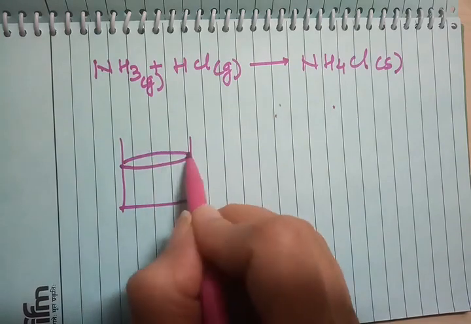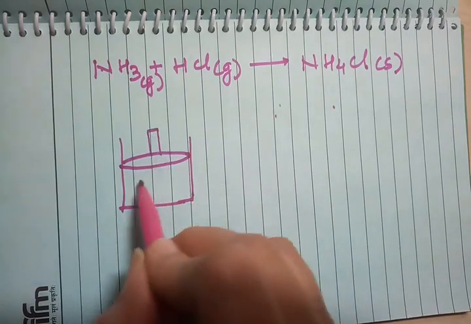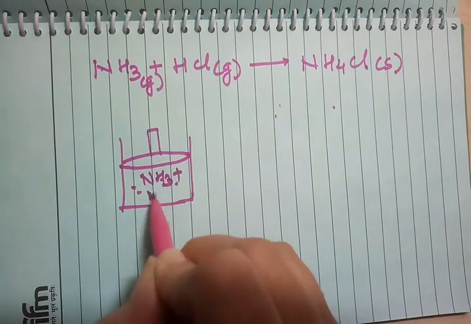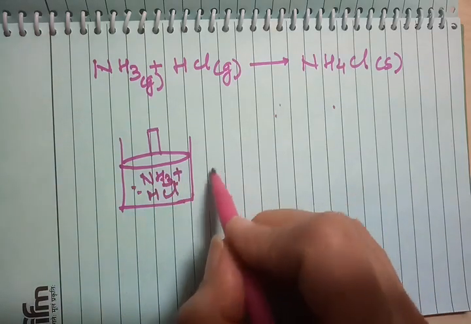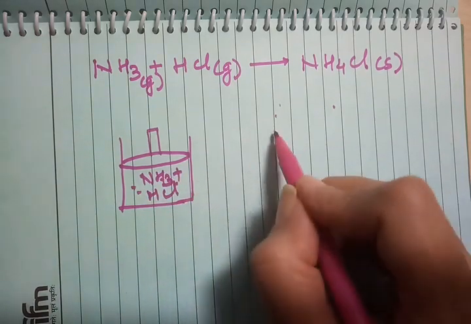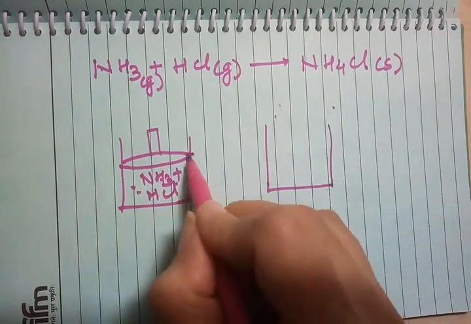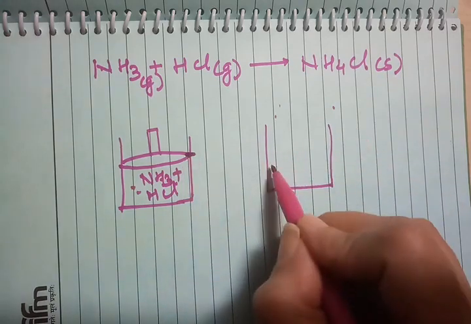Here, if you take both the reactants, that is NH3 and HCl, together, and after some time when the reaction is complete, this is the initial position of the piston.